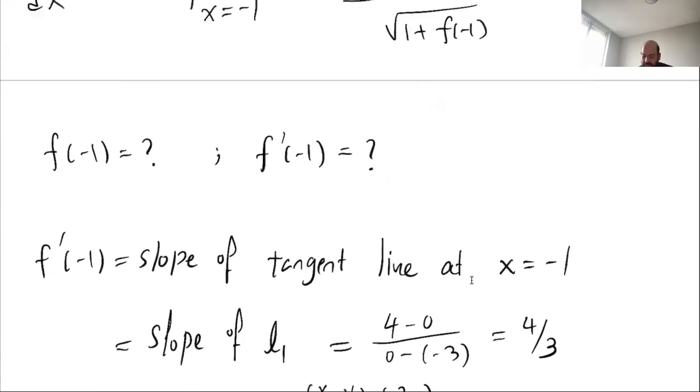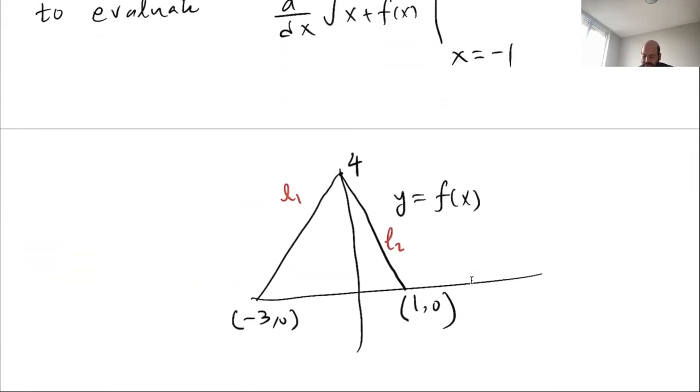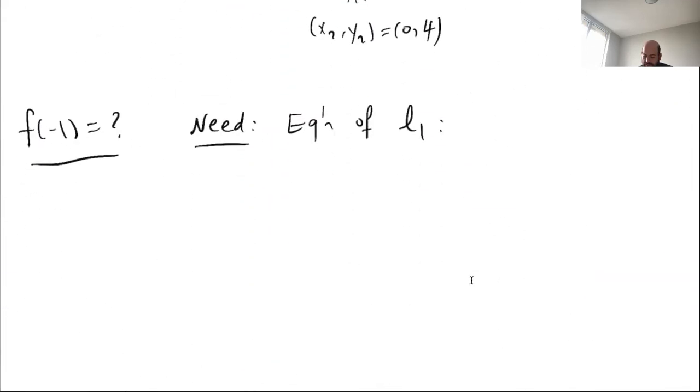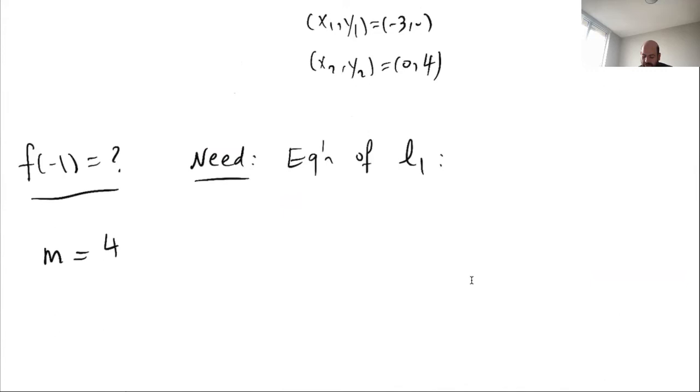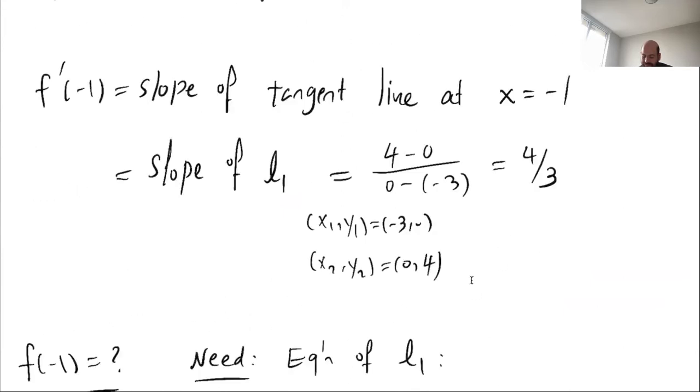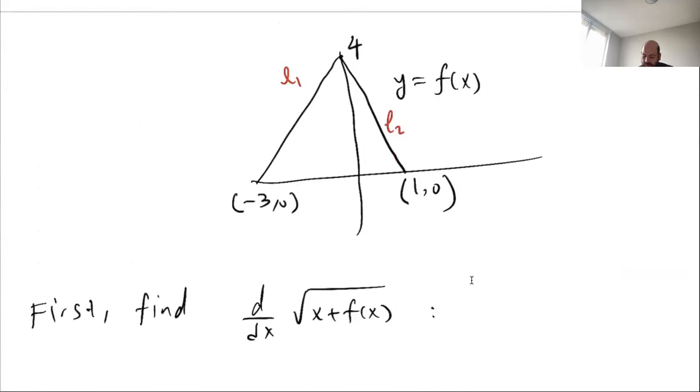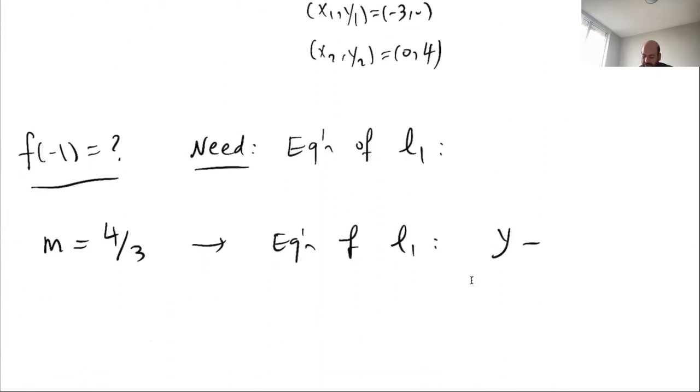I have 2 points here, 0 and 4 and -3 and 0, and we already calculated M. M was 4 over 3. So the equation of L1 will be, if I use the point -3 and 0, y minus 0 equals 4 over 3 times x minus -3.